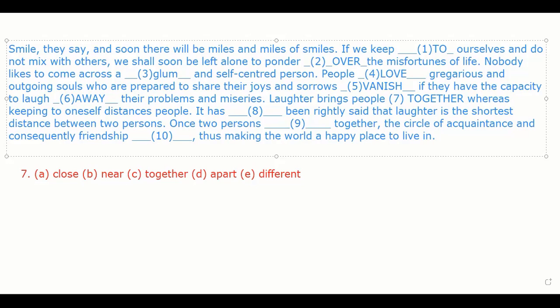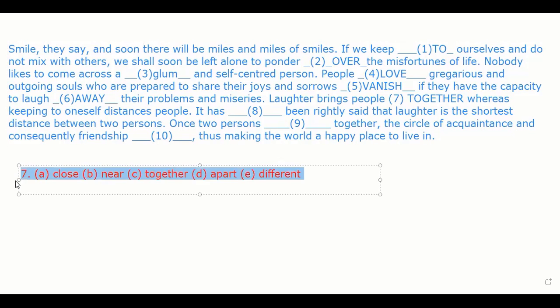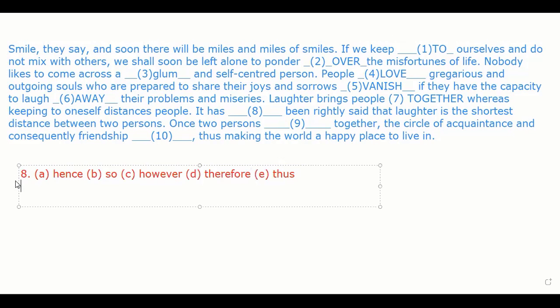The eighth is this: it has dash been rightly said that laughter is the shortest distance between two persons. The options: it has hence, it has so, it has however, it has therefore, it has thus.